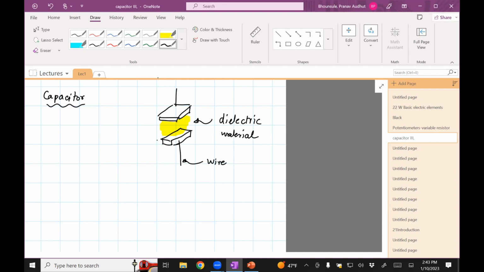So when you connect this capacitor to a circuit, what will happen is that the insulator will prevent electricity from flowing, unlike a resistor which allows current to flow, and all the charge will settle.